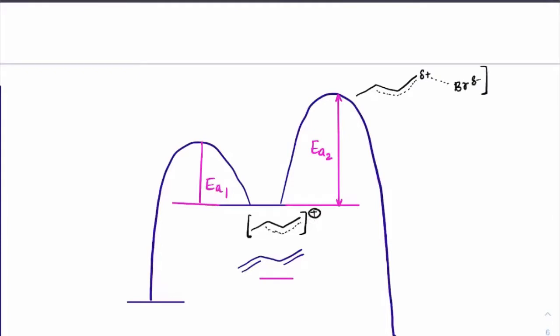So this is a transition state energy here. While on the left hand side, if we have this with delta positive here, on which Br minus is attacking, this is the other transition state.